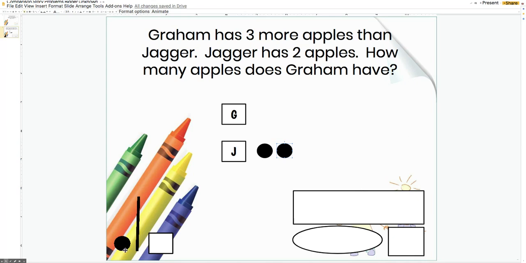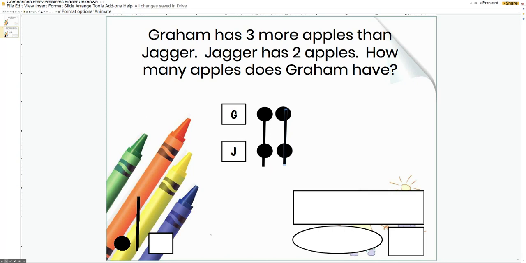Yes, he does. To have something more or extra, you still have to have the same amount as the other person. So let's give him the same amount of apples as Jagger has. So Jagger has 2 apples. And I'm going to go ahead and connect those with my sticks. And my sticks are a little bit bigger than where I put my dots, but that is okay. We'll just connect them.